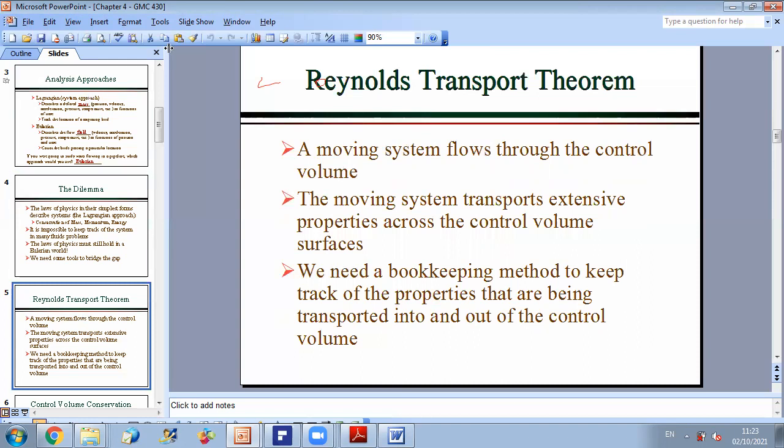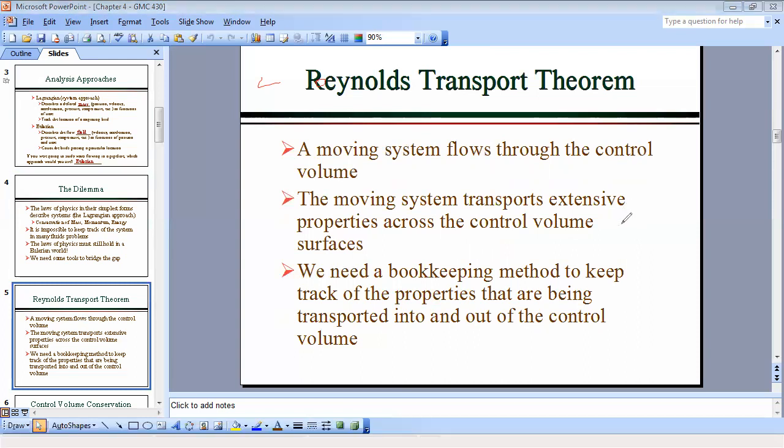As I told you, when we consider any control volume, we can have fluxes coming in and others getting out. So we need to come up with a certain technique that allows us to connect what is happening inside this control volume and what is crossing it in and out.